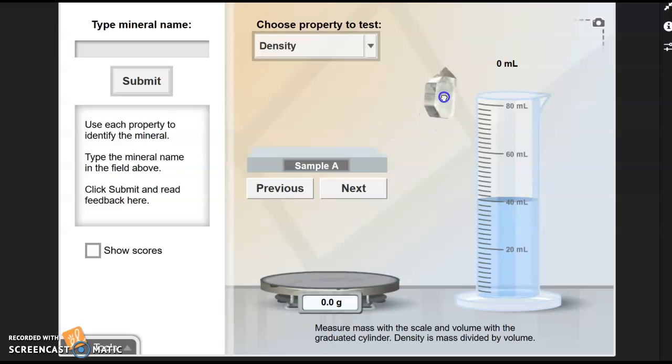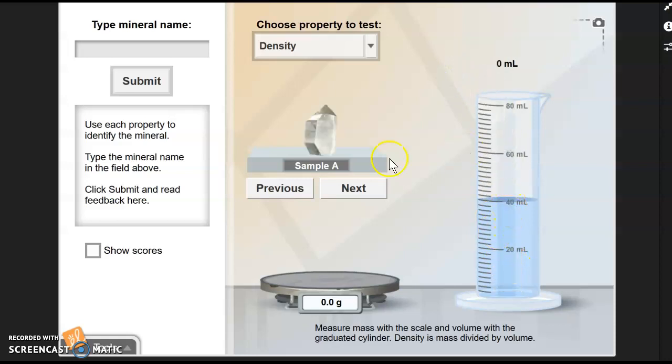So the other way to calculate the volume of something is to dunk it into water and see how much it is displacing. In other words, how much does the level of the water go up when we put this mineral down in it.